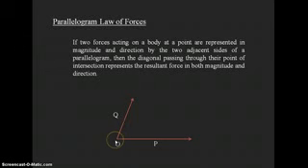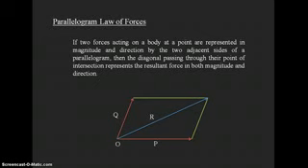Here O is the intersecting point between the two adjacent sides, or the forces. I complete the parallelogram by drawing the two remaining adjacent sides, and next I draw the diagonal, which represents the resultant force of the two forces.